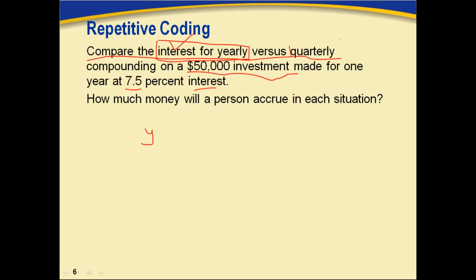For each quarter you need to calculate interest separately, and for yearly also. Let's say you have invested and it is compounded yearly or compounded quarterly. How much will a person accrue in each situation? There are two situations: yearly and quarterly.